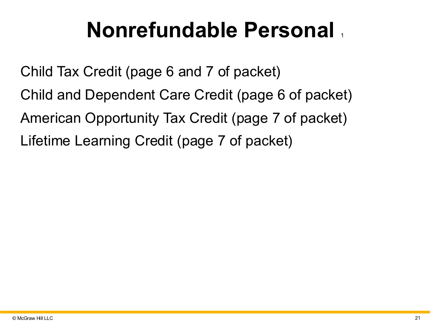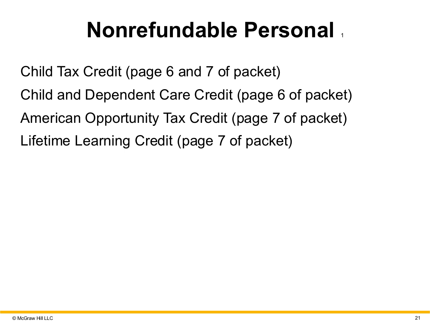It is based on a percentage of qualifying expenditures. The maximum qualifying expenditures is $3,000 for one qualifying person, and $6,000 for 2 or more qualifying persons. The credit care percentage depends on the taxpayer's AGI, and that table for AGI is also on page 6 of our tax rates and schedules packet.